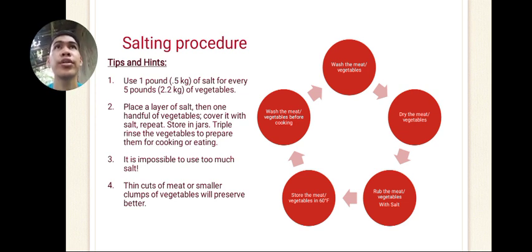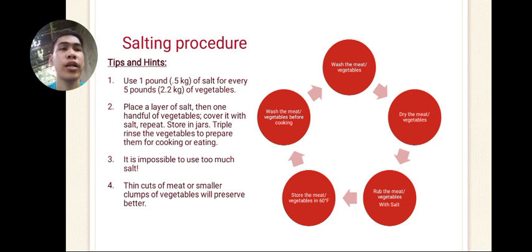Some use hot water in washing the meat to extract the fat, to remove fatty oil from the meat. Second, dry the meat or vegetables or even fruits, fish, and seafoods. There are some procedures in drying the meat. They use cloths or anything that absorbs the water.